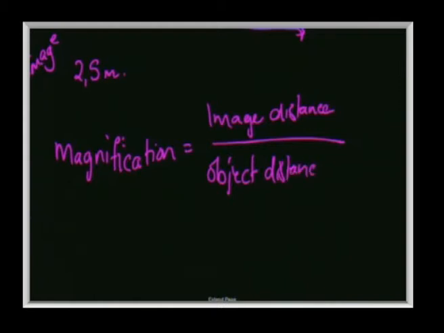And we measure these distances from the lens. Remember what I said? This is not an equation that you're going to find in your formula sheet, so make sure that you know it and that you can use it when asked for it, either using the object distance and the image distance, or the size of the object and the size of the image.